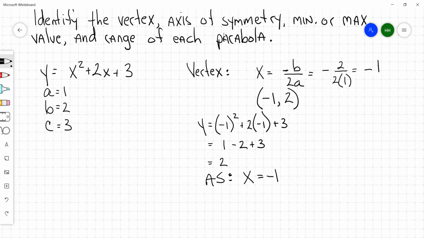So does it have a minimum or maximum value? If it goes like this, it's got a minimum value. And its minimum value is going to be y at the vertex. All right, so its minimum value is 2.